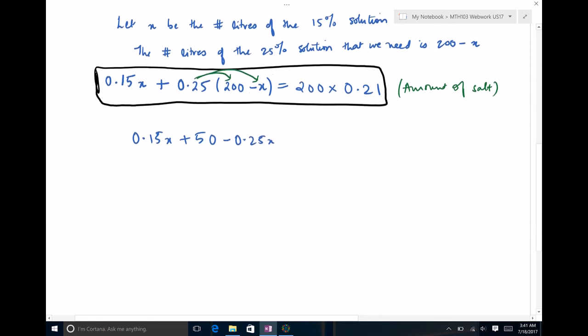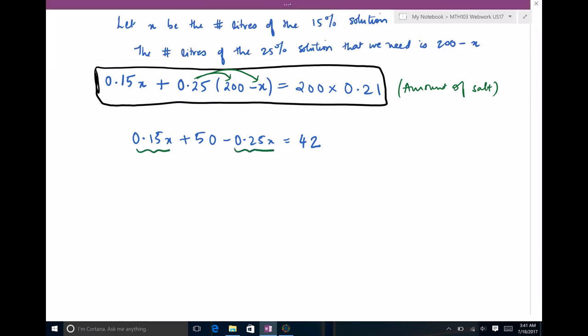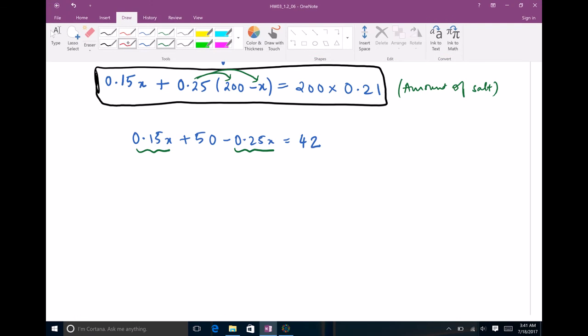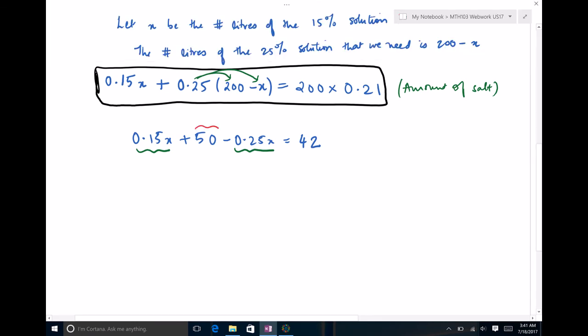On the right hand side, 200 times 0.21 is equal to 42. Now, as usual, we take all the terms that have x on the same side, and any term that does not involve x, I'm going to take over to the other side.